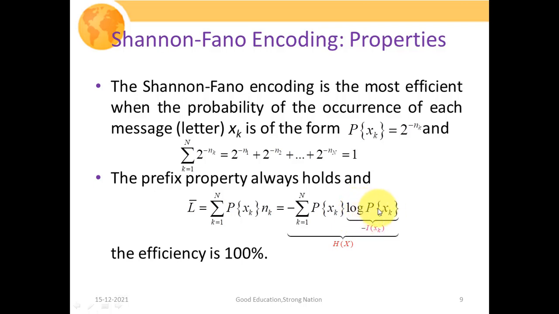Here log p of xk refers to the information, and the whole expression represents the entropy, that is nothing but minus the sum of pi log pi. So if the probability distribution of each individual symbol is of the type 2 to the power minus nk, then in that particular case the Shannon-Fano algorithm is going to give us 100% efficiency.